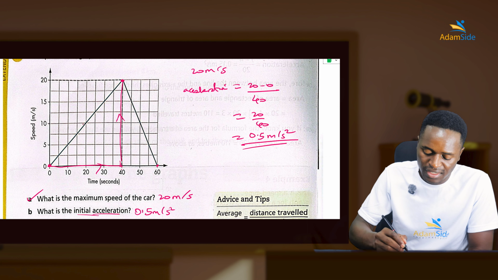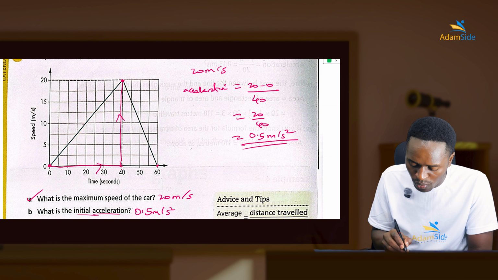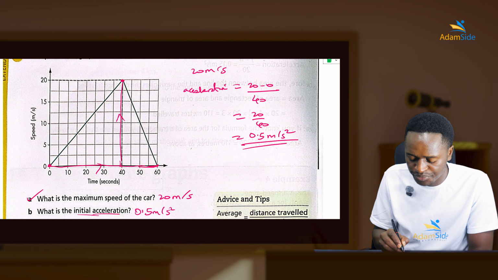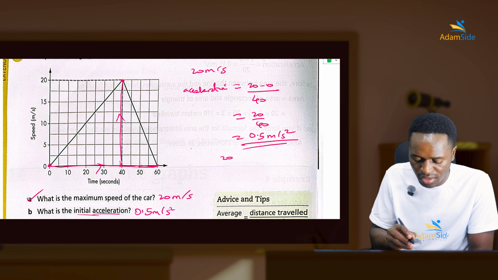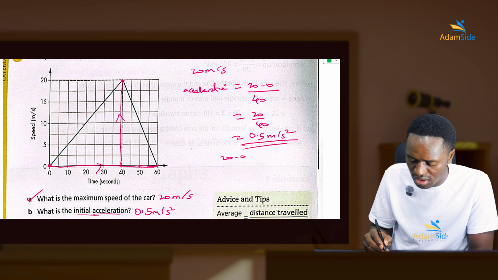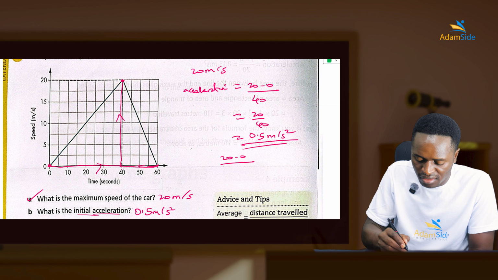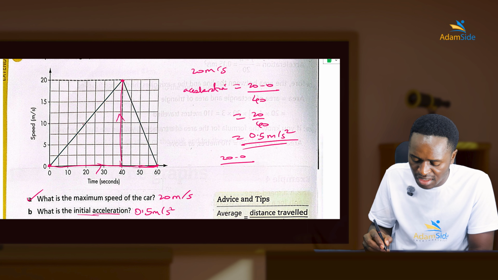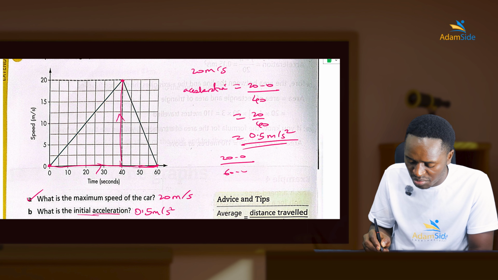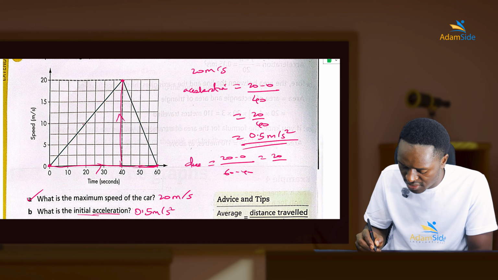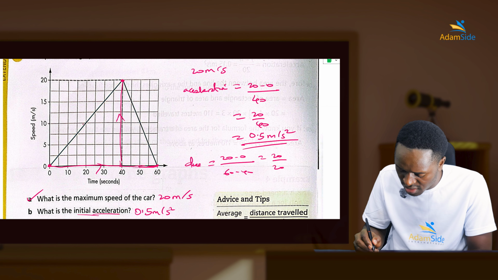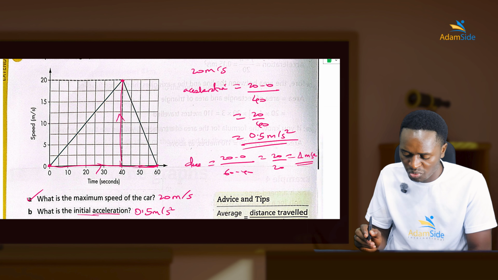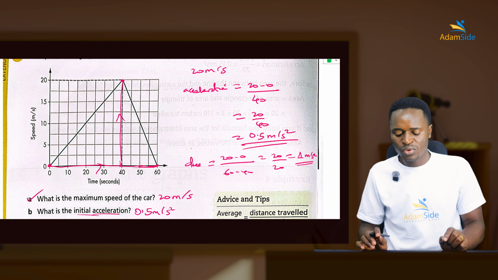So you have 20 minus 0, the initial speed minus the final speed, divided by the time taken, 60 minus 40. That is 20 also, so you get 1 meter per second squared.